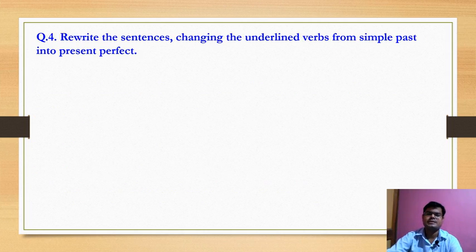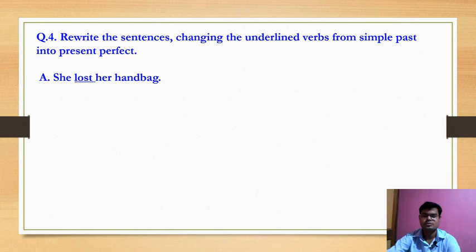Next, rewrite the sentences changing the underlined verbs from simple past into present perfect. From simple past you are supposed to change them into present perfect. She lost her handbag. Since it is she, we have to use she has lost.